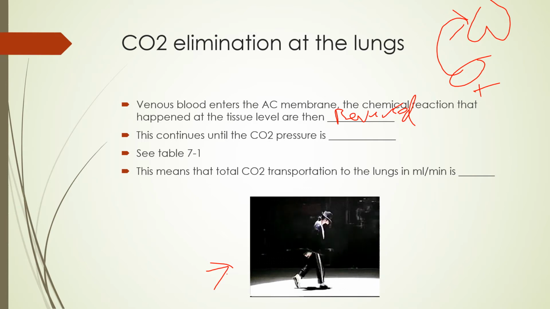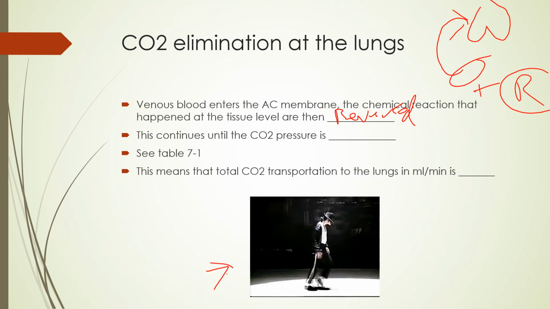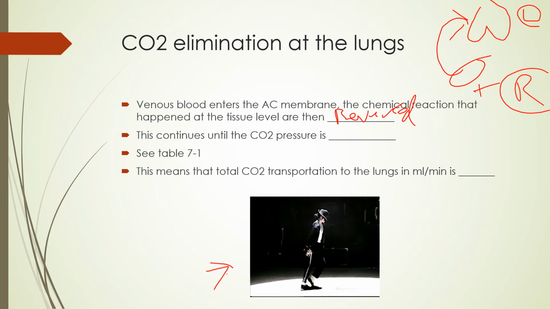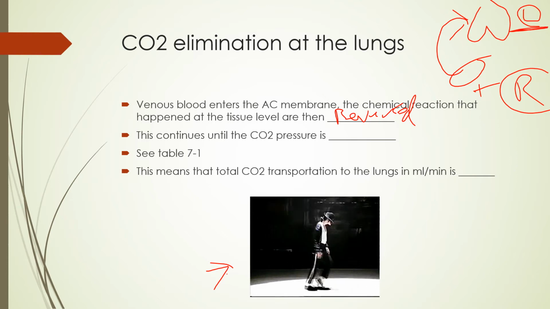So at the tissue, we have a right shift of the curve where we dump off oxygen and we have the ability to carry more CO2. And at the lungs, we have a left shift where we dump off CO2, and now we have the ability for the hemoglobin molecule to change shape to accept a lot of oxygen. So this is where we're looking at that chemical reaction getting reversed.